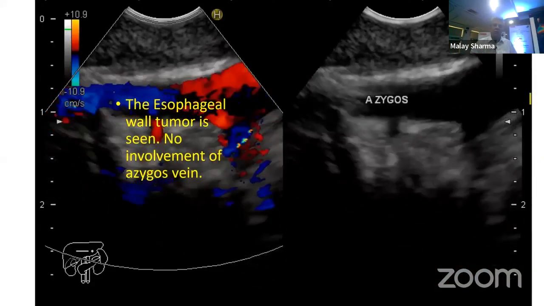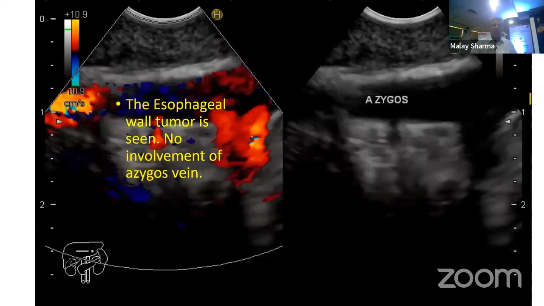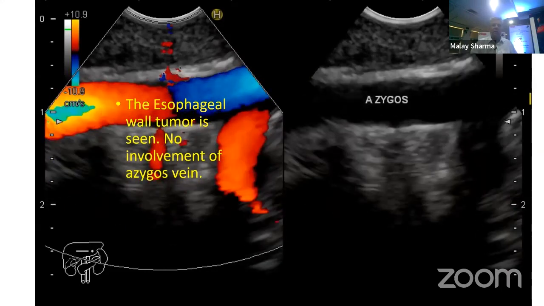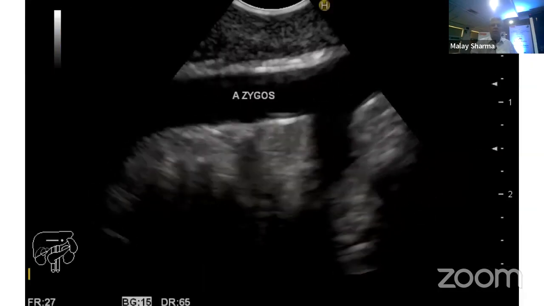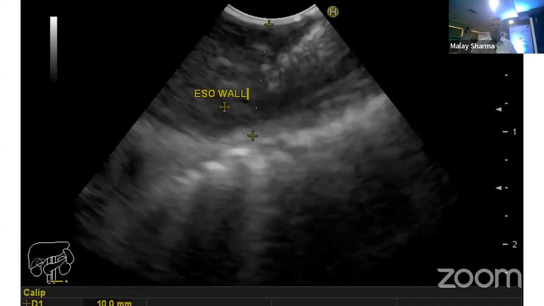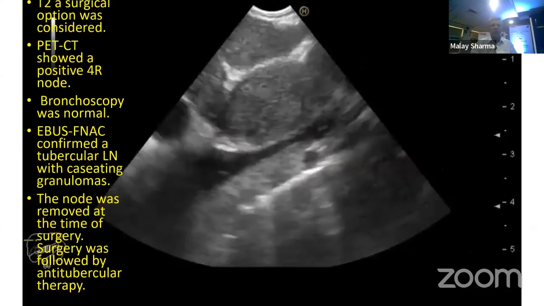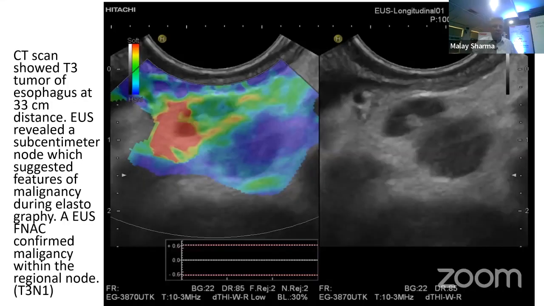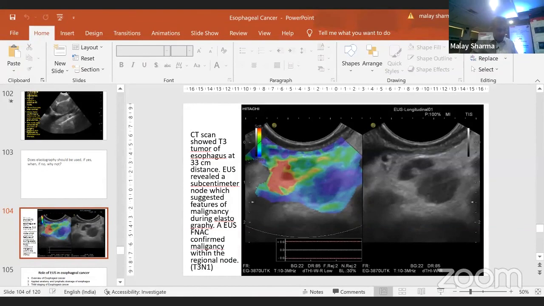In this case, just the last slide showing the azygos vein, the tumor, but the azygos vein is not involved. Mediastinal invasion is not there. In this case, there is a lymph node, and these are the various cases of lymph node. So I will take my leave and I will give the platform to the next speaker.